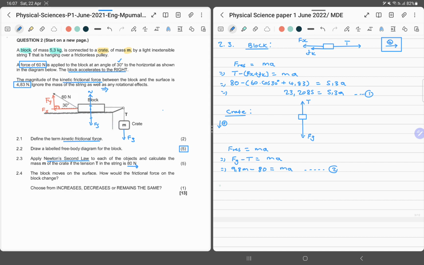Now what we do here, we solve simultaneously. We can put 1 in 2. What do we get? We get 9,8 m minus 80. I think we're going to run into problems.